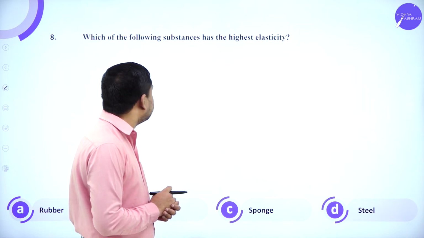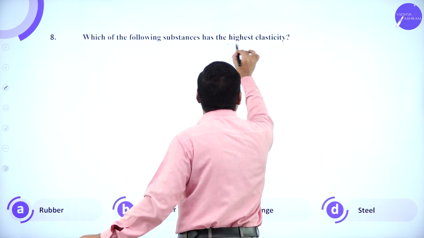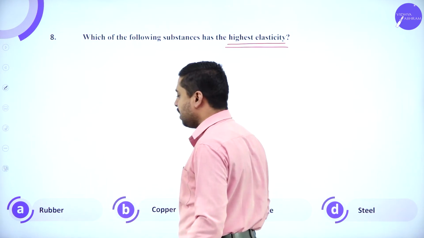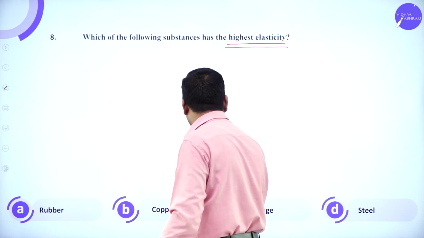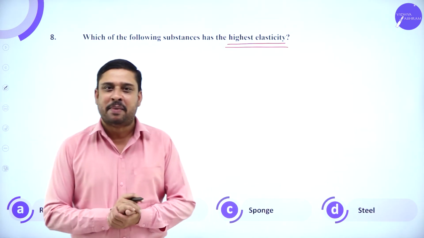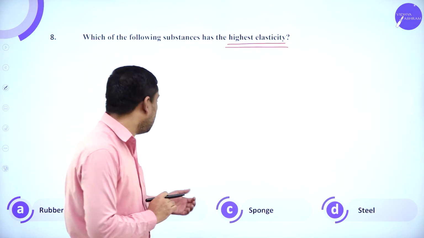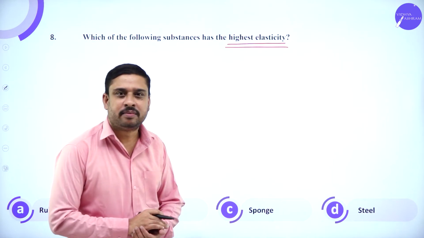Which of the following substances has the highest elasticity? Rubber, copper, sponge, steel. By superficial analysis, we conclude it has to be rubber.